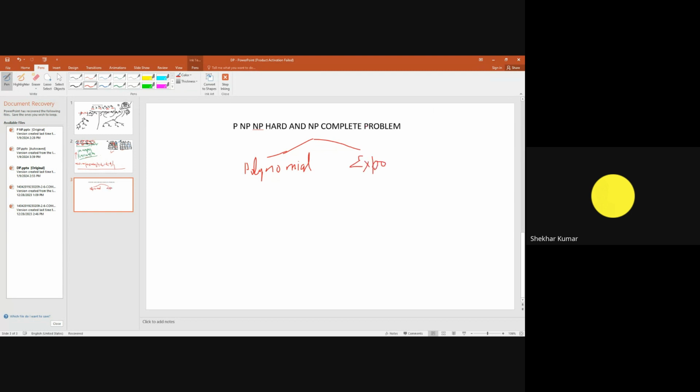For example, your linear search, your binary search, or you can say any type of sorting, your insertion sort, your merge sort, your quick sort.